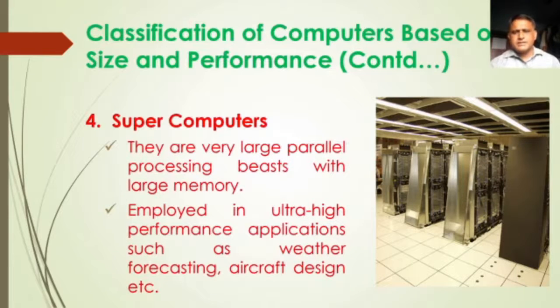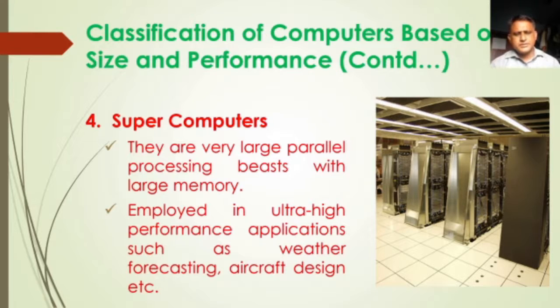Then we have the supercomputers. Supercomputers are very large parallel processing beasts with very large memory. They are employed in ultra high performance applications such as weather forecasting, aircraft design, and so on.